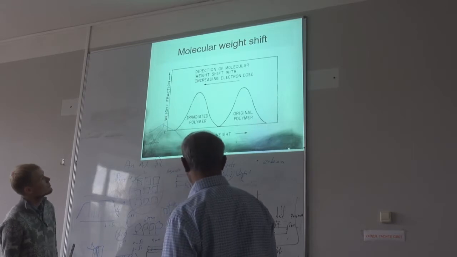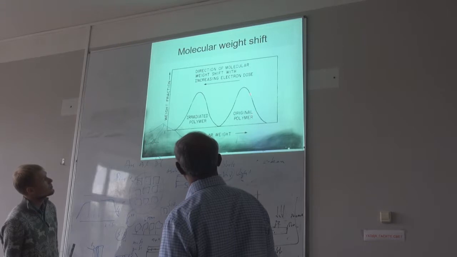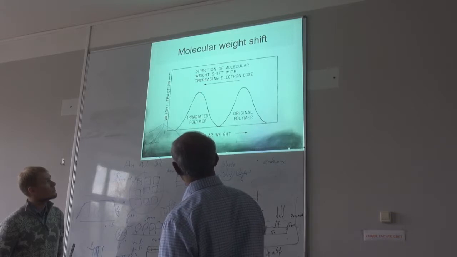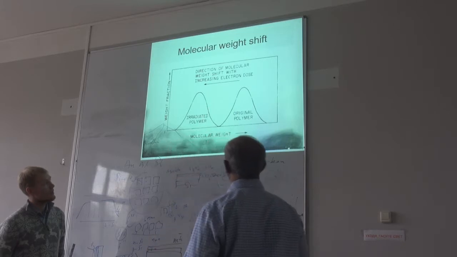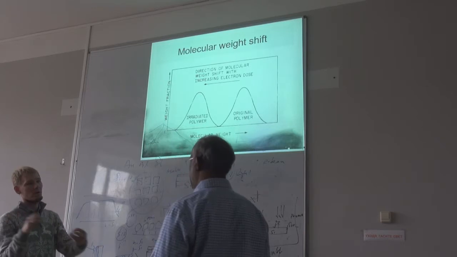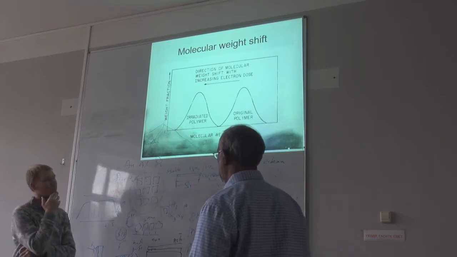Basically, if you look at the molecular weight, originally it has this much molecular weight, then after exposure, it becomes less, right? So that's why it's like cross polymerization, with some chemical connections. Yes, that's exactly what cross polymerization means.